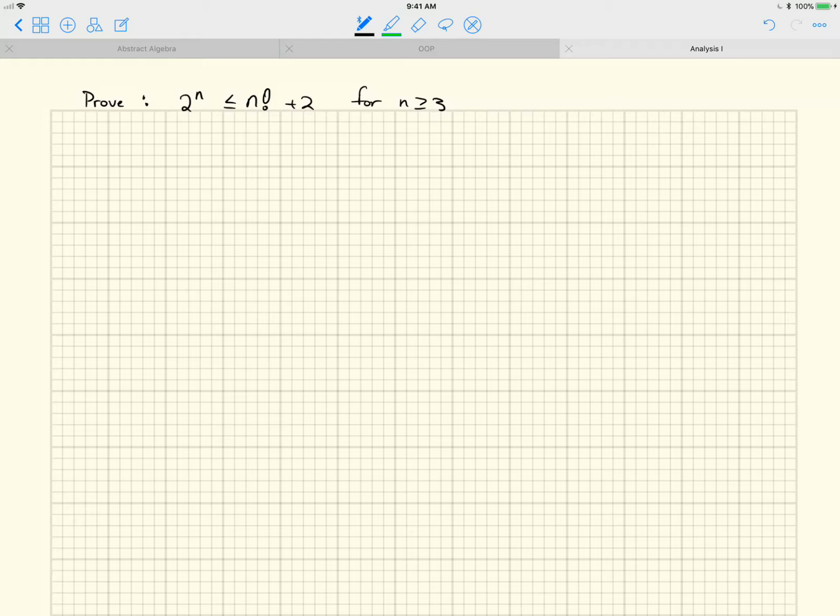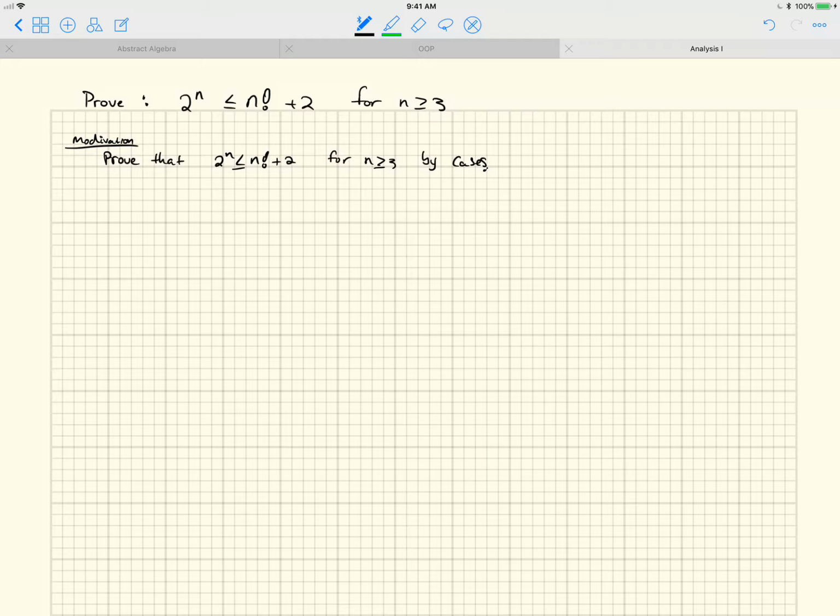So what I'm going to do here is prove this statement, that 2^n is less than or equal to n! + 2 for n ≥ 3, by cases.